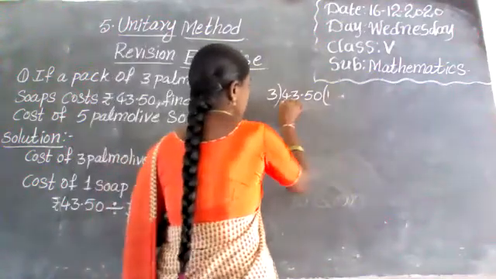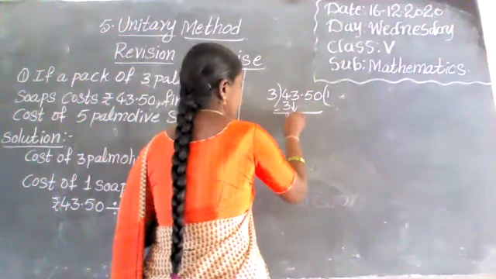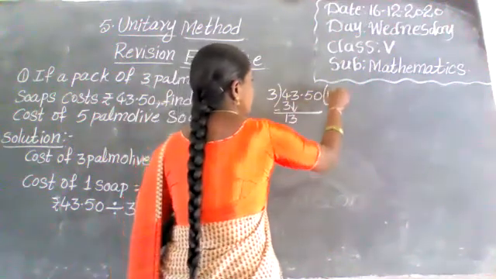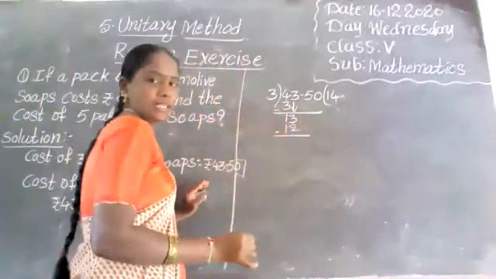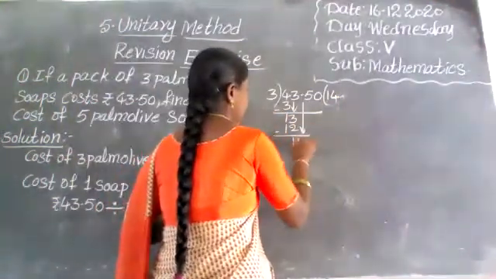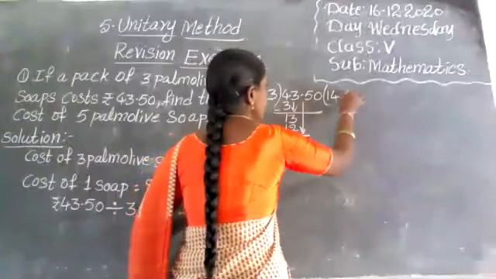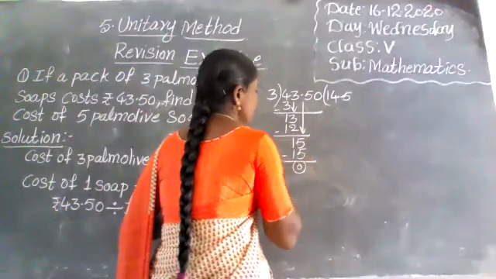3 ones are 3. 4 minus 3, 1. 3 fours are 12. Next 13 minus 12, 1. Take 5. 3 fives are 15. 15 minus 15, 0.